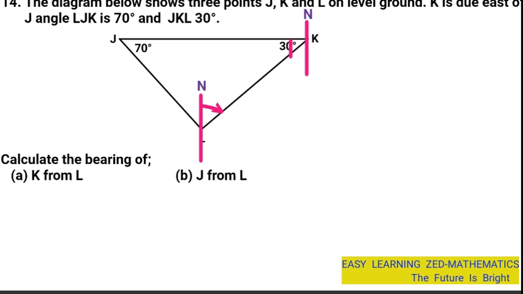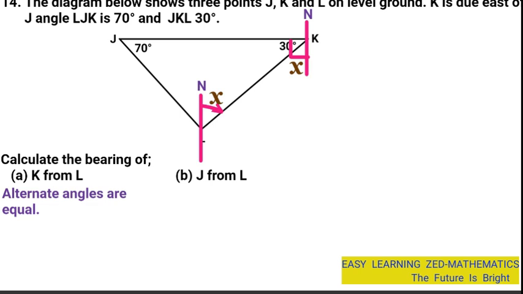When I identify that angle, it is 90 degrees, because they are saying K is due east of J. So that is a 90 degree angle. I need to find the angle adjacent to 30 degrees, which I'm going to call X. Why am I calling these two angles by the same name?